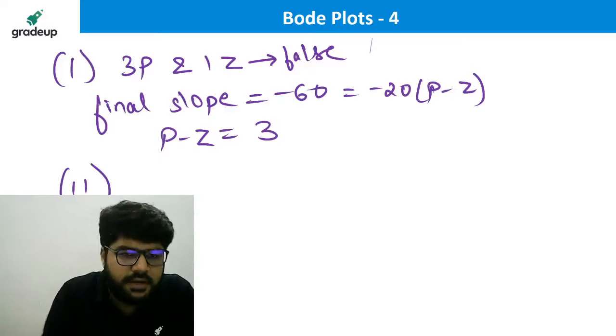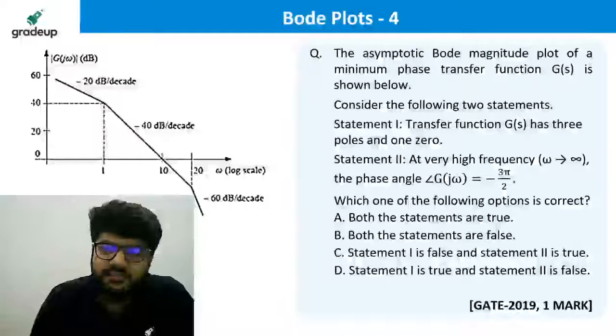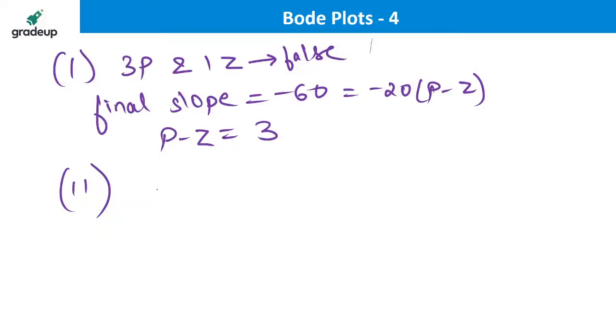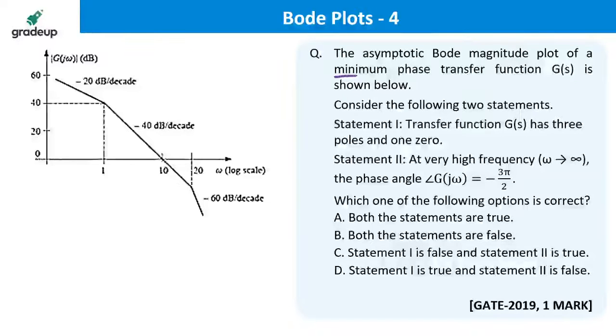What about statement number 2? Statement 2 says that at very high frequency the phase angle, they are again talking about the final phase. The final phase formula is minus 90 degree into P minus Z, which I told you in the earlier class. It is applicable only for minimum phase, and it is specified that it is a minimum phase system.